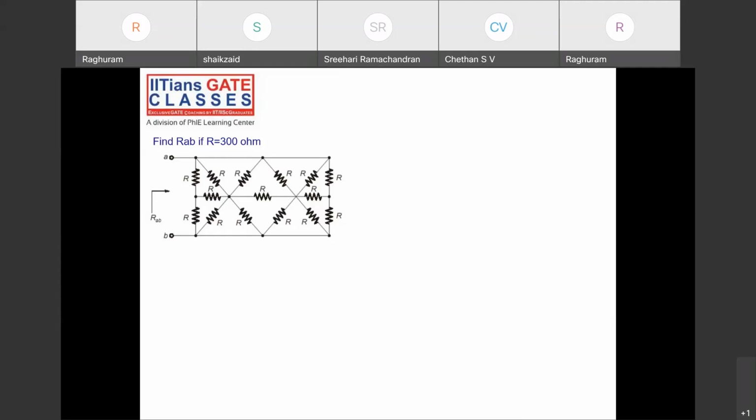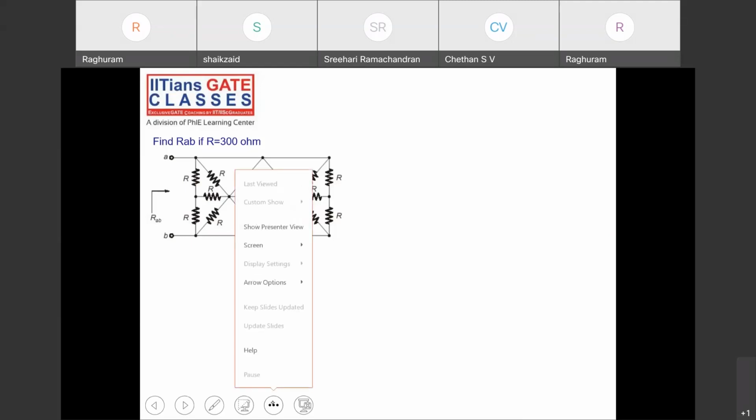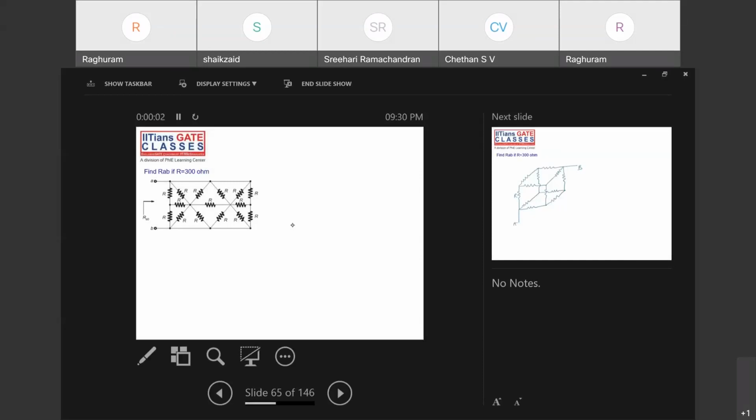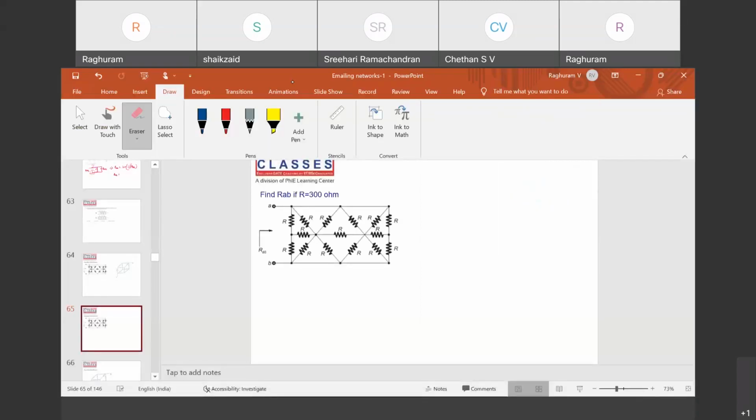See, anytime when you are given any circuit, you have to check for all series, parallel combinations, Wheatstone bridges, all those combinations and try to solve them. Correct, 100 ohms.